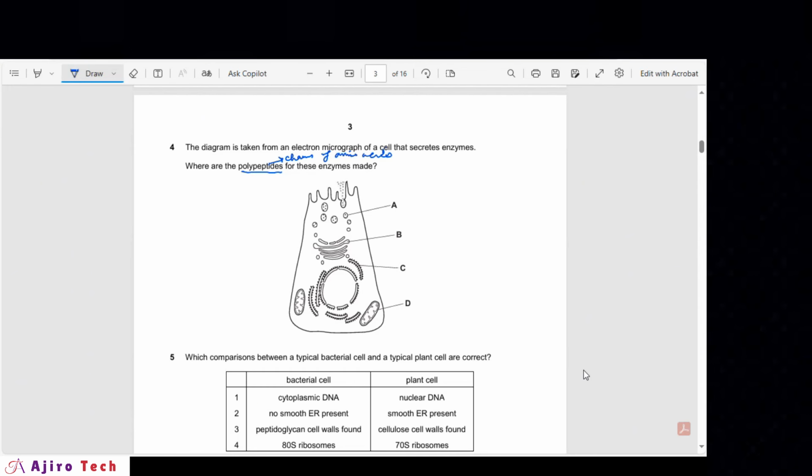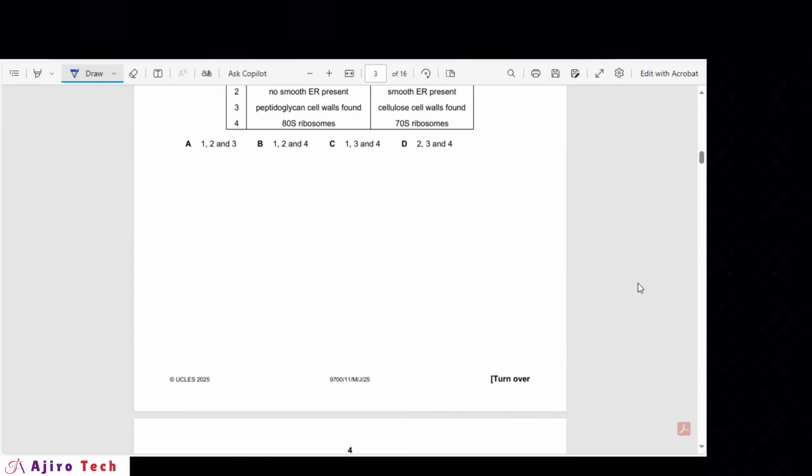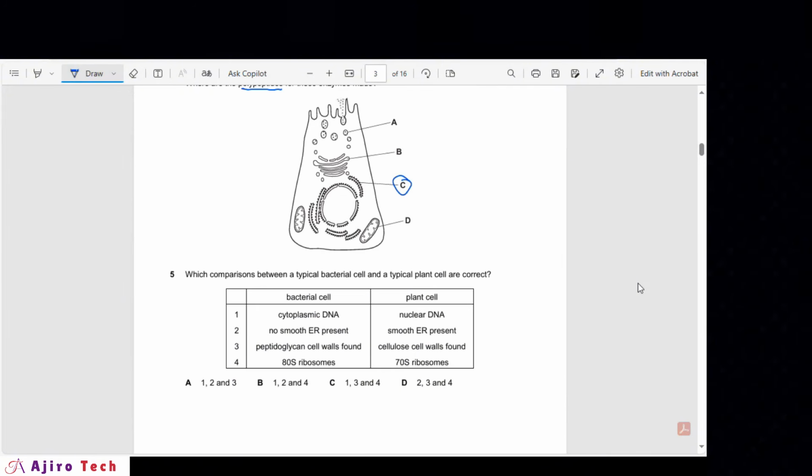They're made in ribosomes or rough endoplasmic reticulum. And here is the nucleus, the mitochondrion, and here is the rough endoplasmic reticulum, the Golgi body, the secretory vesicle. So the rough endoplasmic reticulum is the answer.